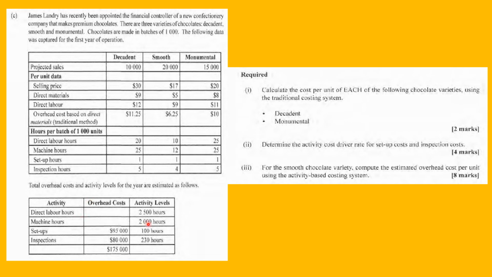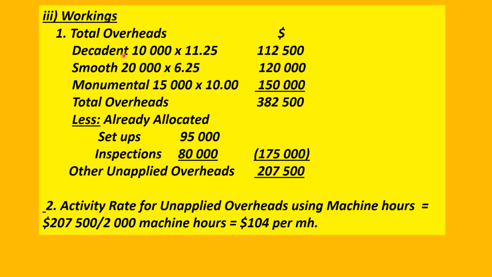So first you need to work out the total overheads. For the total overheads, we just take each item under the traditional costing, 10,000 by the applied overhead per unit, and we will get a total overhead of 382. From that, we have already allocated to setup and inspection 175,000, so we have other unapplied overheads of 207,500.